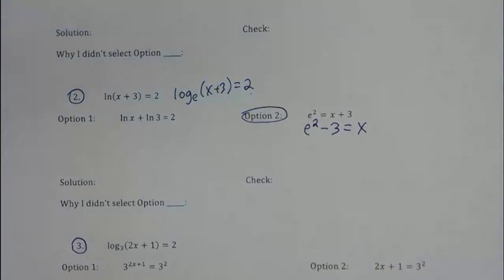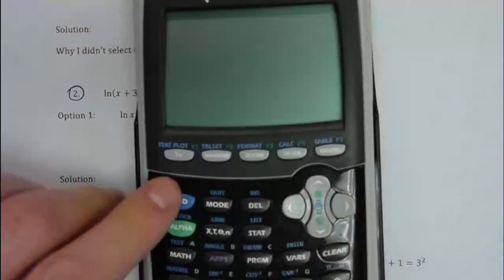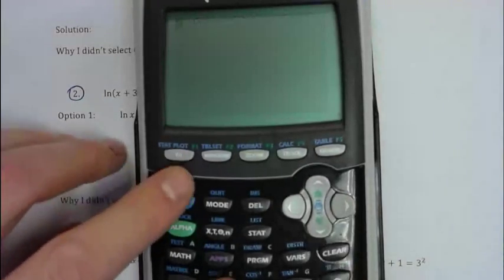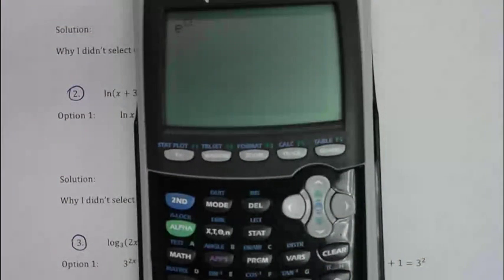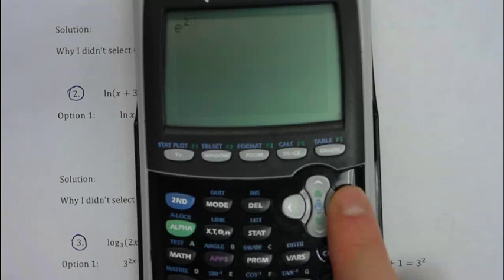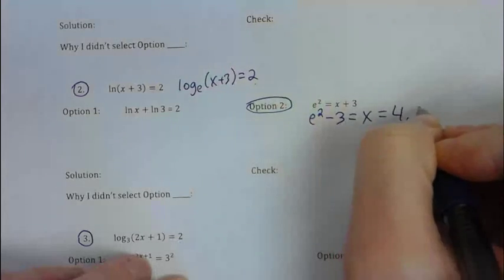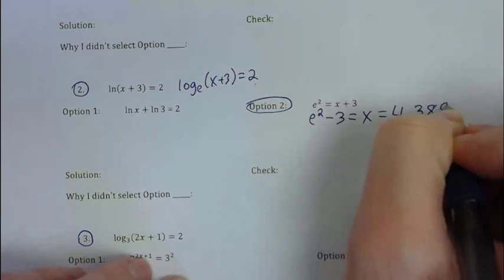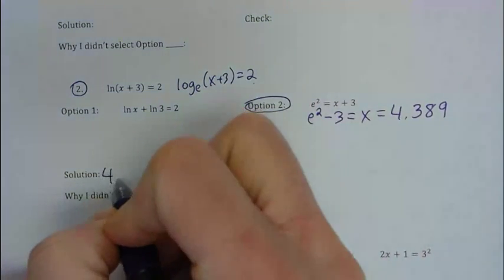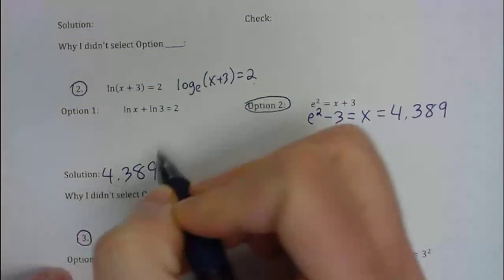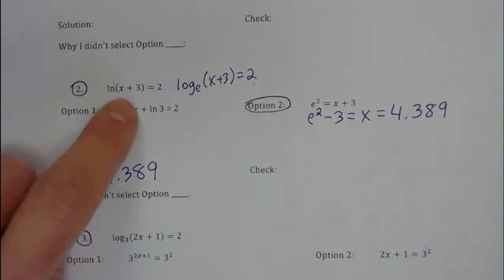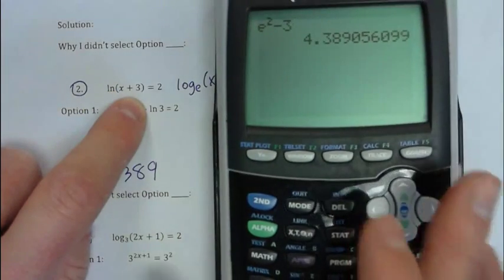If I do e squared minus 3, I get 4.389. And I don't want to round too much since I'm going to be checking my answer. I should be able to do the natural log of 4.389 plus 3, and that should equal 2, as long as I don't round too much.